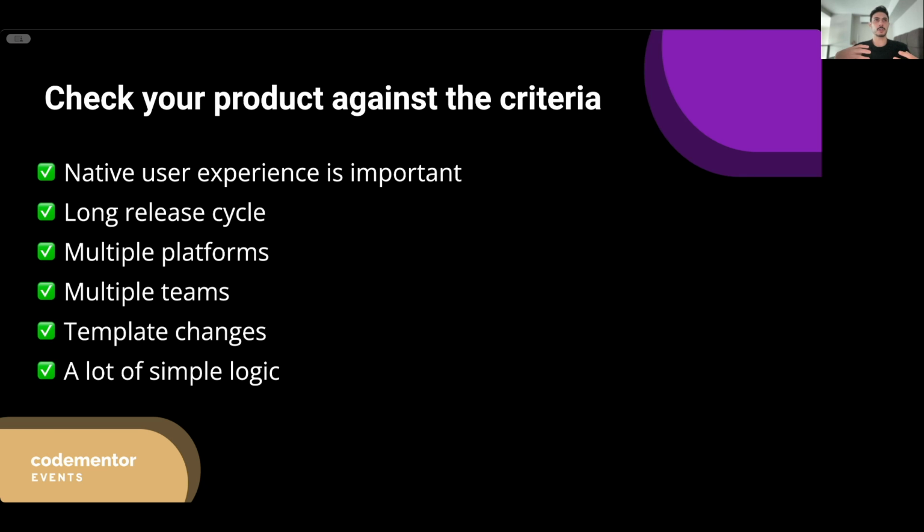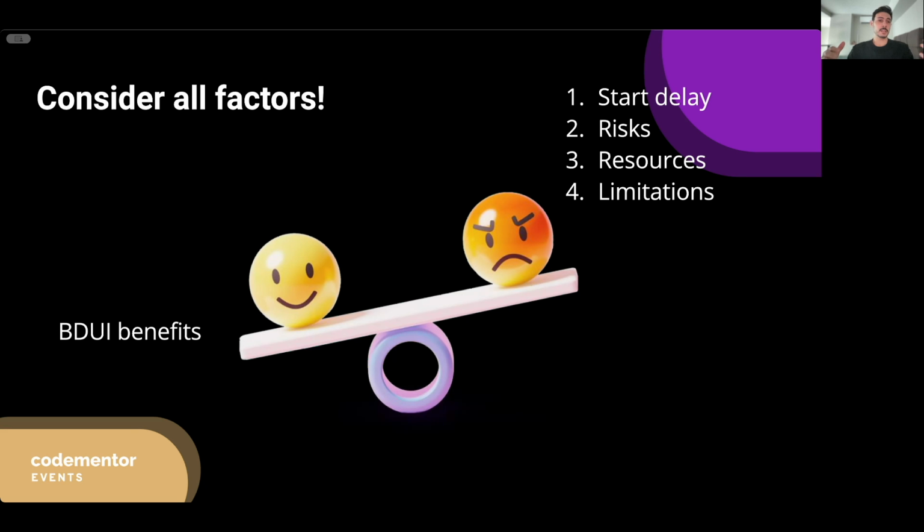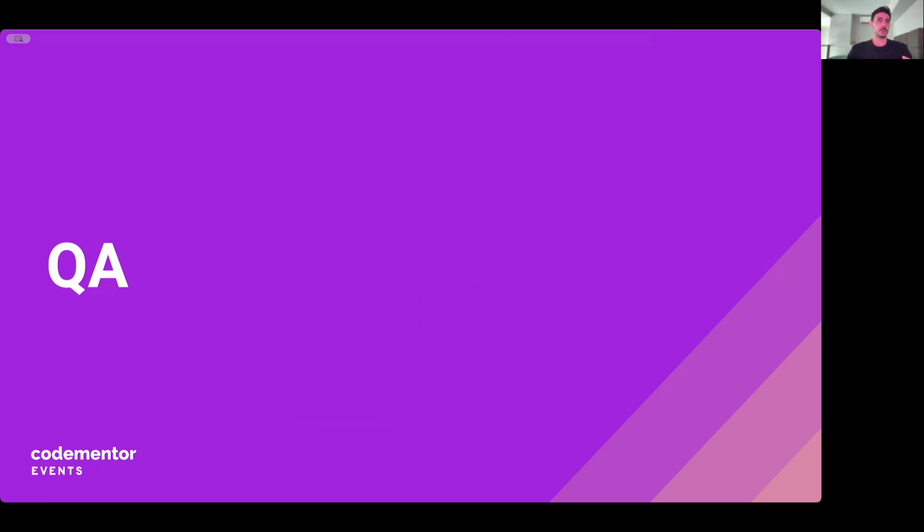Do you have a lot of template changes and a lot of simple logic that can be written in simple rules? If the answer to those is yes, you should consider all the factors, and if the benefits of the approach are worth the risk that it brings, I think you should definitely give it a shot. So this is it for me.